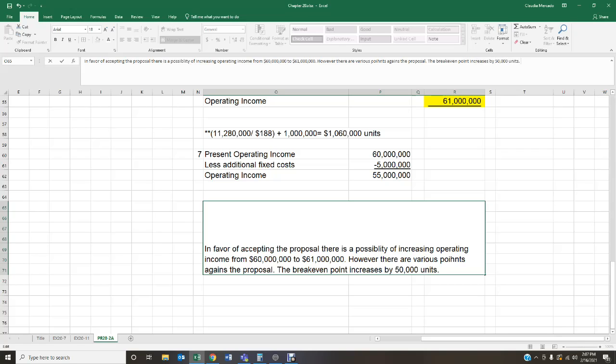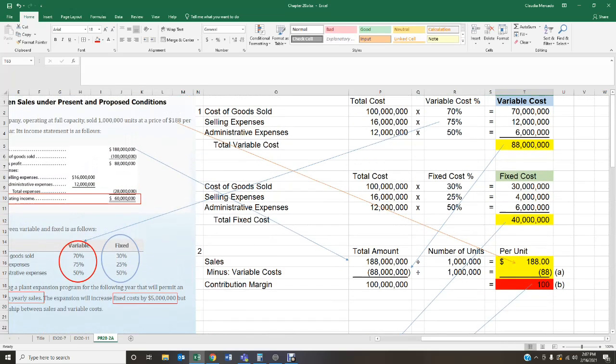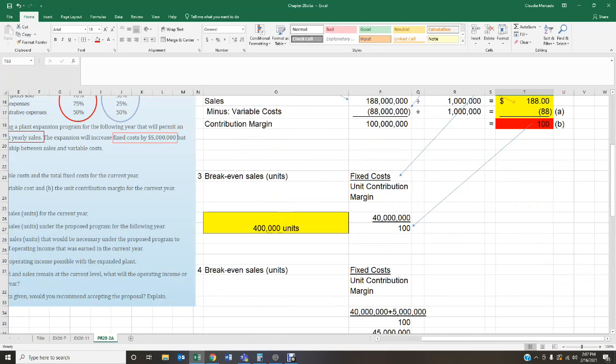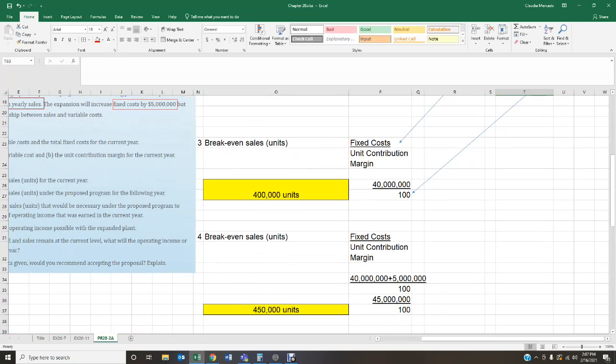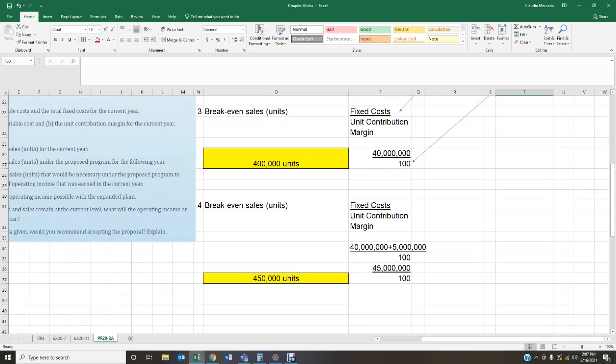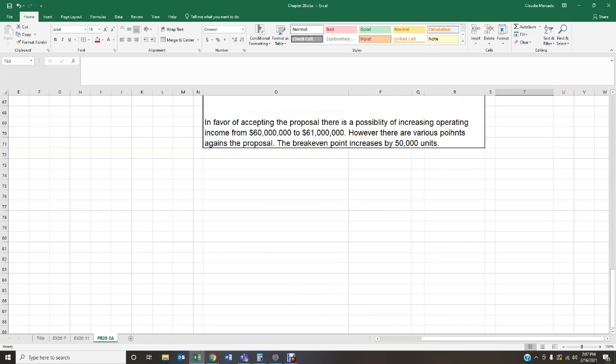If we recall over here, if I wanted to break even, I had to sell 400,000 units. Under the proposed program, I would have to sell 450,000 units. I would have to sell 50,000 extra units to cover those extra costs. So the break-even point would increase by 50,000 units.